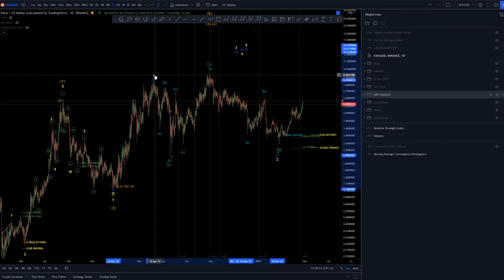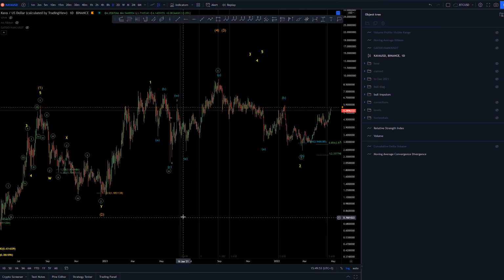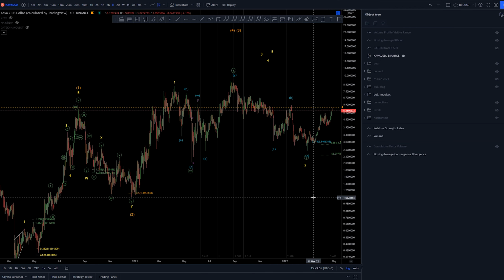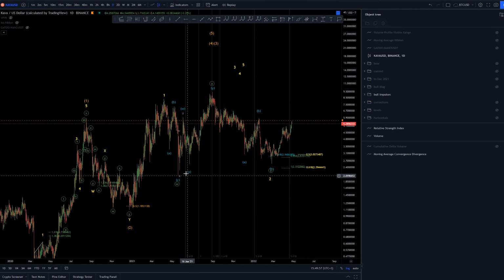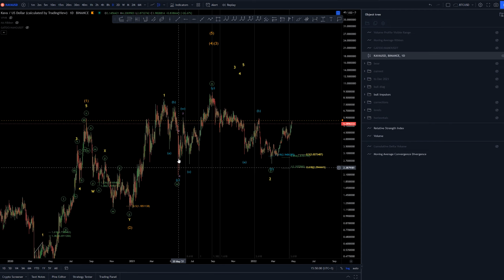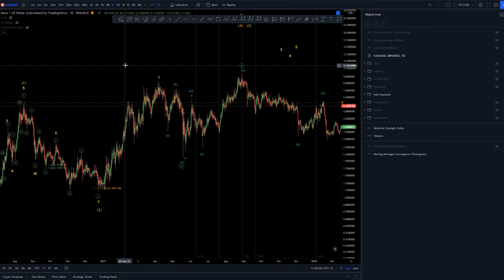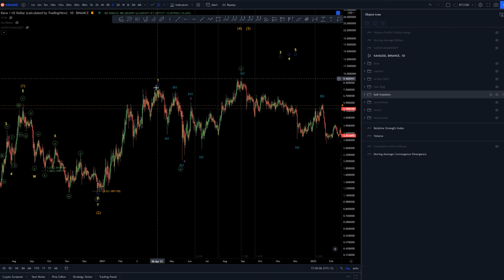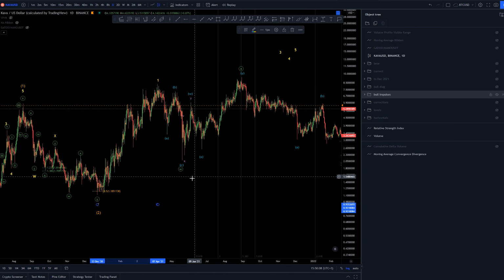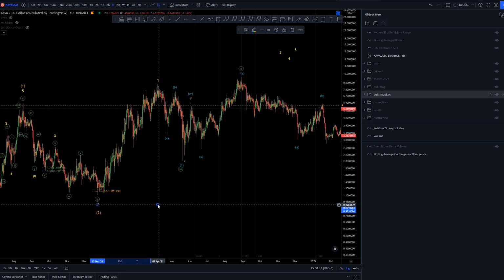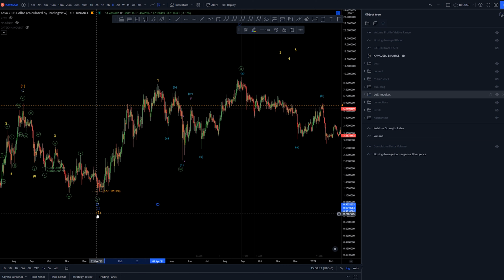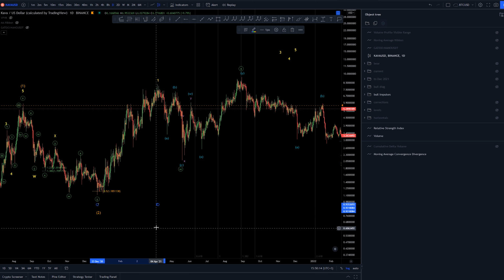Now I have labeled this as wave 1 for minor, and this whole structure here as wave 2. Why I didn't place the wave 2 down here is just because of the time indicator, or time spent for this wave 2 compared to wave 1. We see that we have the Fibonacci time pulled from lows to these highs of wave 1.